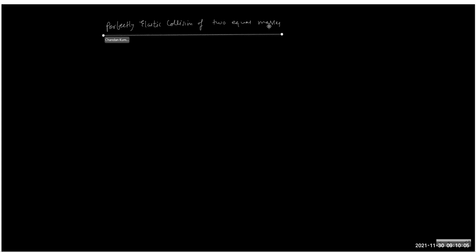So we'll take the case of perfectly elastic collision of two equal masses. Now, this is a case which we all must remember.